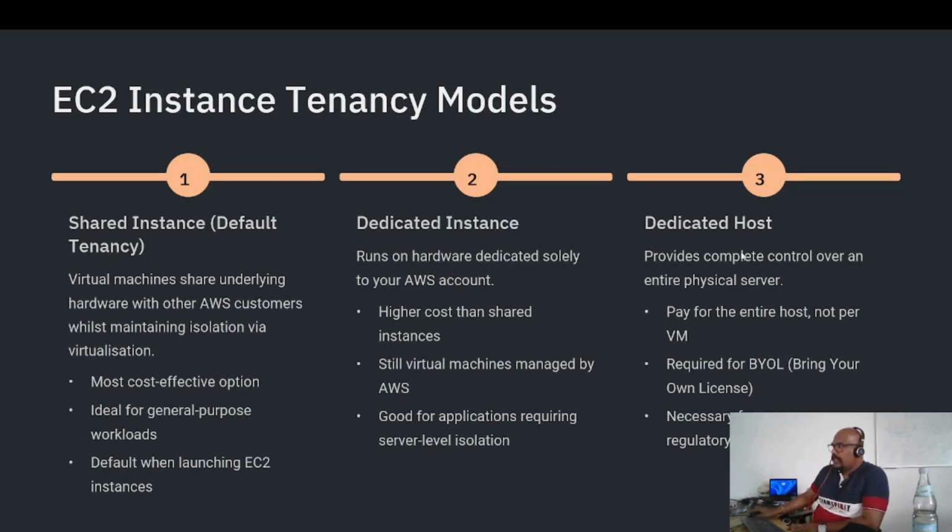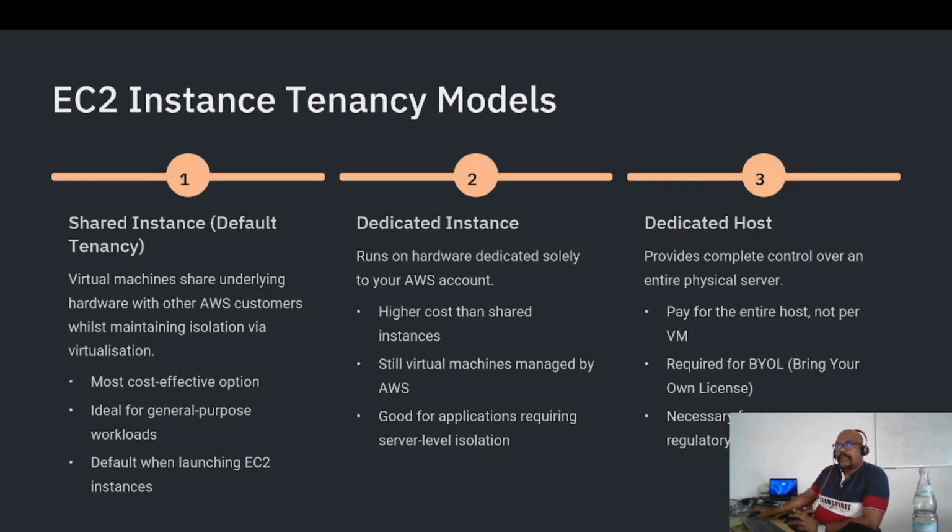The third one is dedicated host. Dedicated host means the customer is given the entire physical hardware setup itself. They are allowed to access even the physical hardware, so the customer can do whatever installation they want.